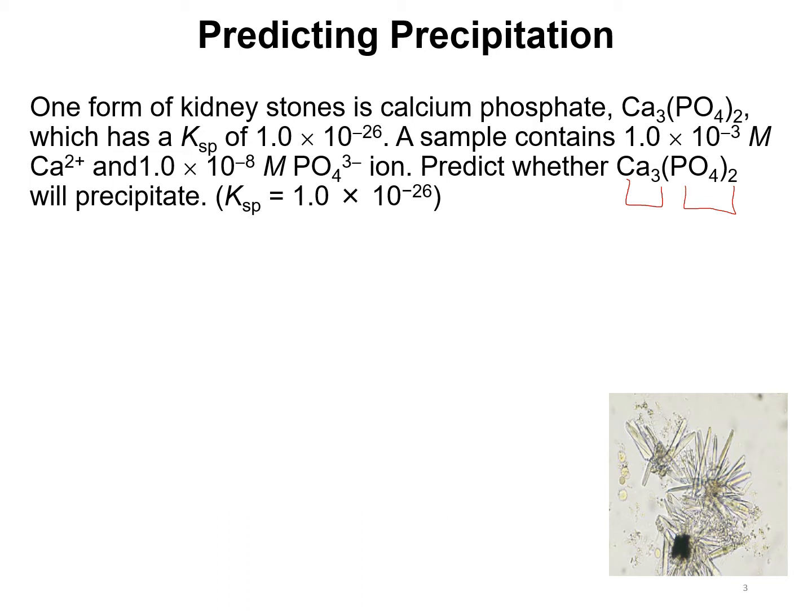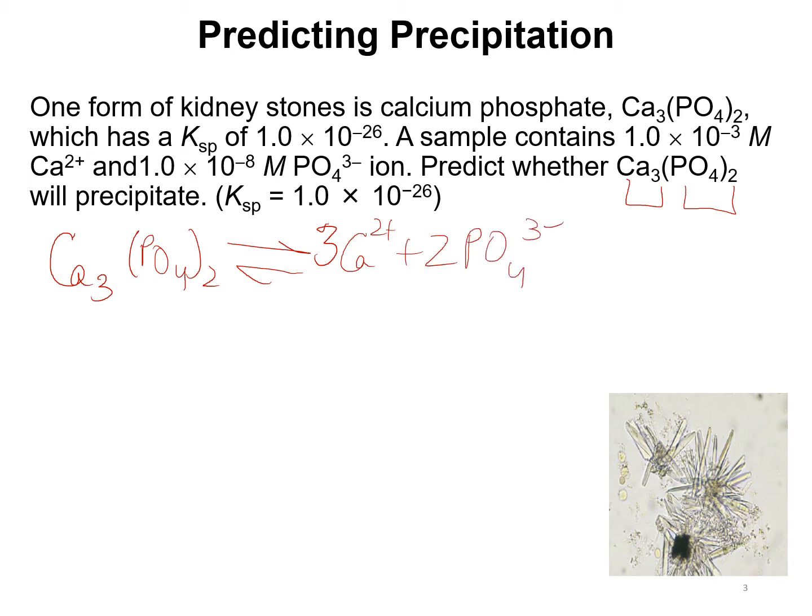So to compare the KSP and QSP values, we'll first have to figure out what is the QSP value for this. KSP is given to us. So if it's calcium phosphate, let's begin by writing our reaction for dissociation of calcium phosphate. You don't have to necessarily write it if you understand that each calcium phosphate salt is going to give us 3 calcium ions and 2 phosphate ions.